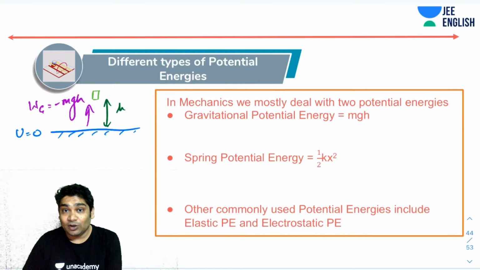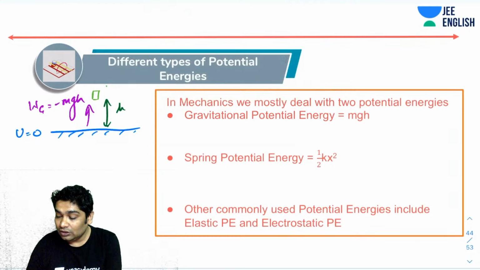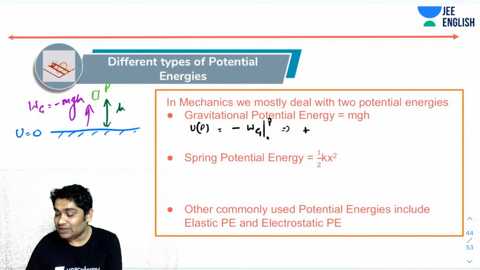Now we will go back to this definition that we used right now. What is the potential energy at P? So we know that potential energy at P would be minus times the work done by gravity between point O and point P. You realize it is plus mgh.